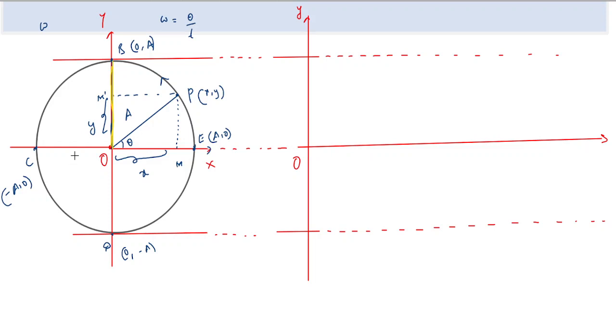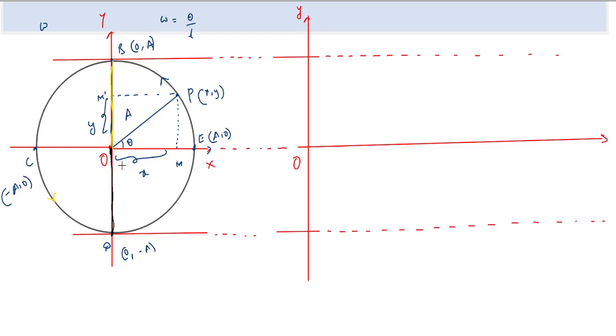Similarly, when the particle moves from point C to point D, if we look at the y distance alone, y would increase in the negative direction. When the particle goes towards point D, y is maximum, that is, in this case, minus a. When the particle goes from point D to point E, the value of y would decrease.